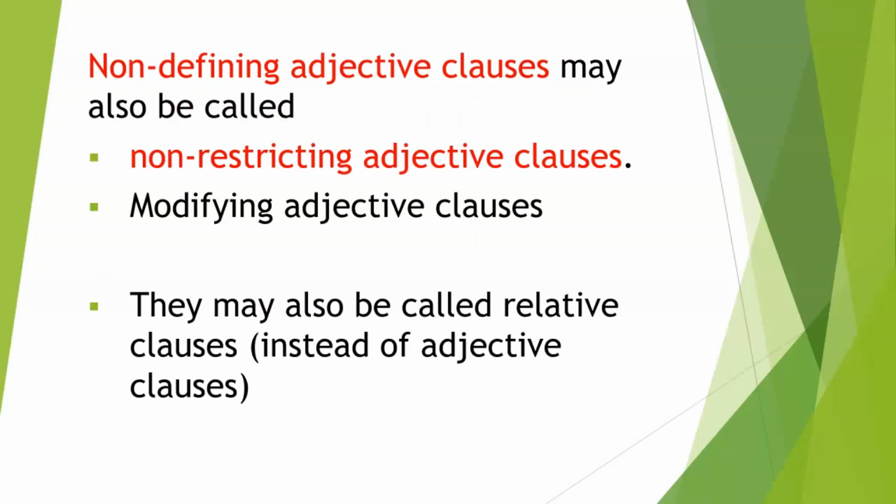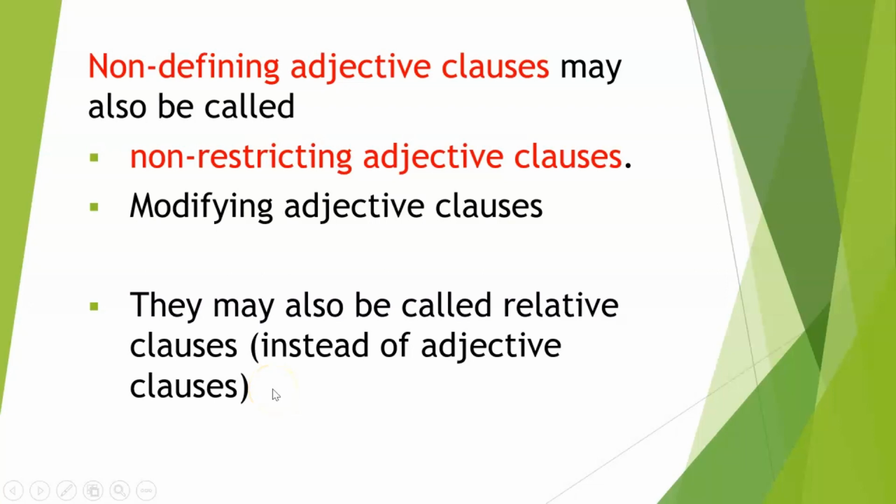Now, just as a side point, non-defining adjective clauses may also be called non-restricting adjective clauses or modifying adjective clauses. It's a little bit confusing. There's many names, but as we go through these videos, I think they will become more familiar to you. Now, adjective clauses may also be called relative clauses instead of adjective clauses.